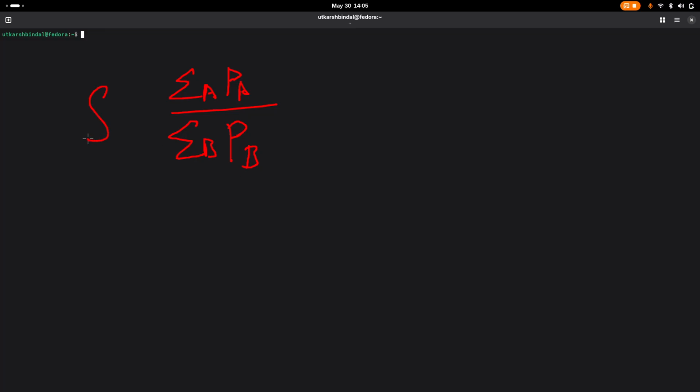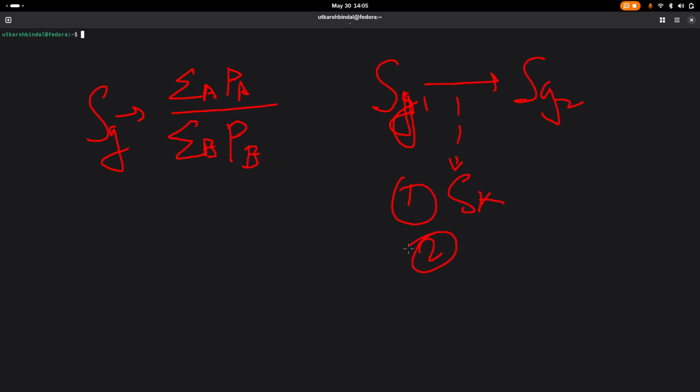And this is basically your global state. Each move you make can transition this SG1 into SG2, and that transition would depend on, one, the skill of the individual to judge the position.